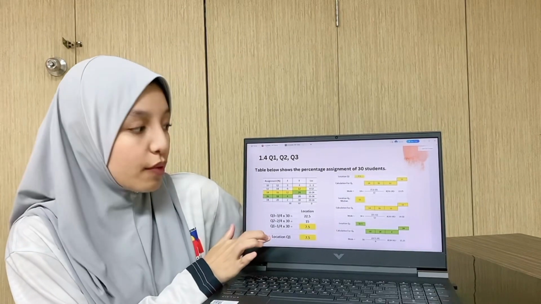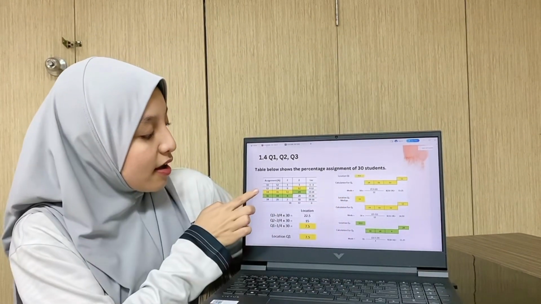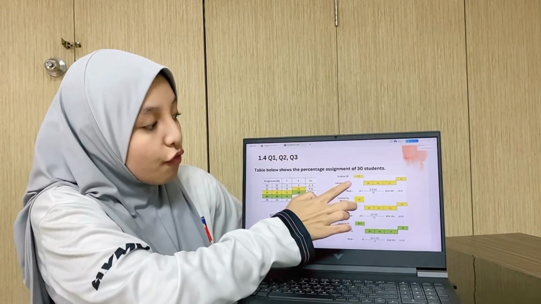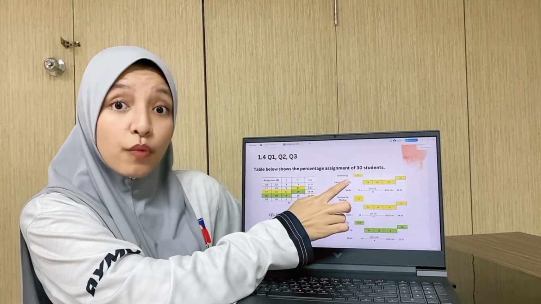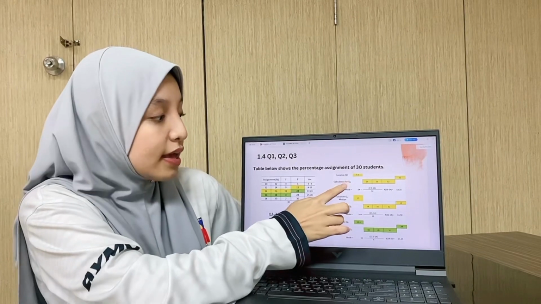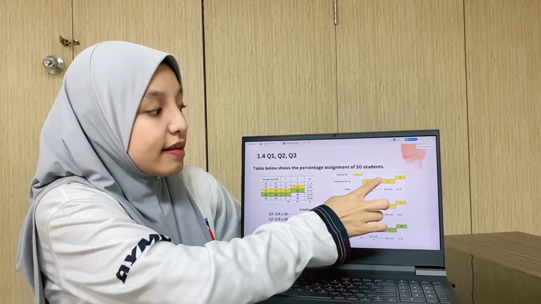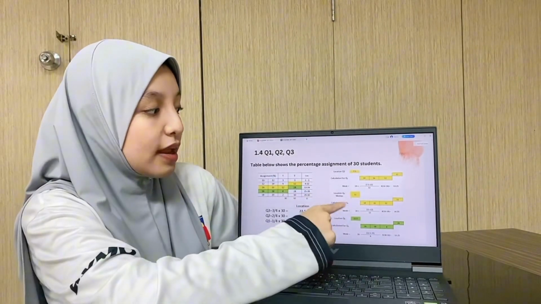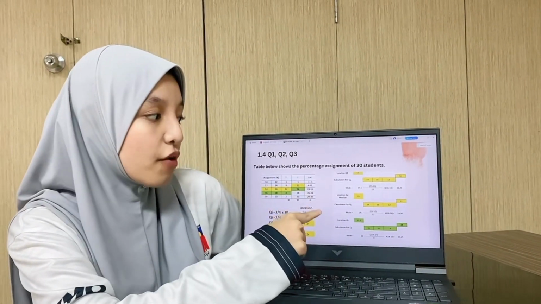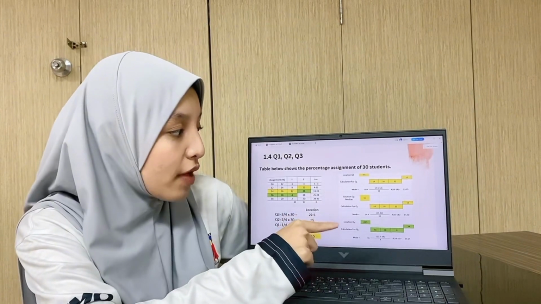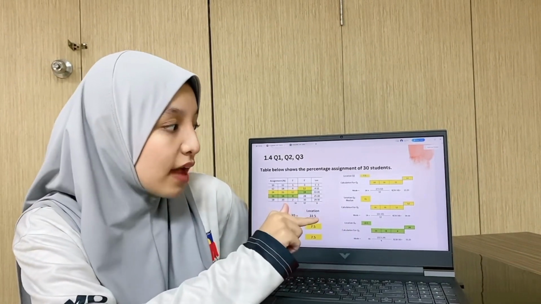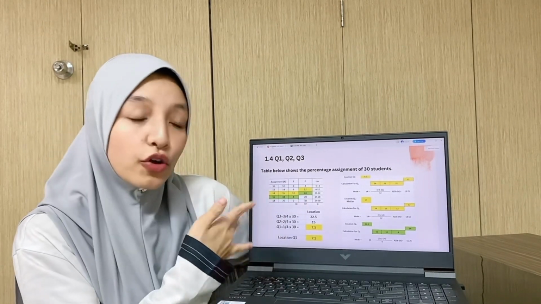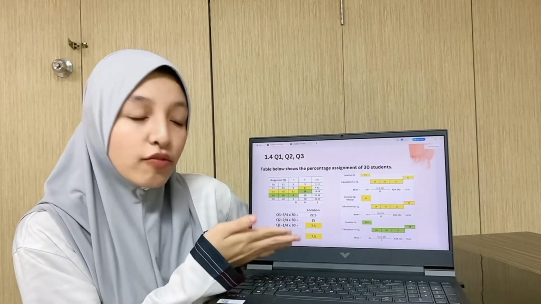For location number 1, we can see that here there are two different colors, which is yellow and green. For location Q1, which is 7.5, we got from the table 14, 16, 12 and 12. So to find the value is 14 plus in the bracket 7.5 minus 12, and then divide by 12 times in the bracket 16 minus 14, and the value we got for Q1 is 13.25.